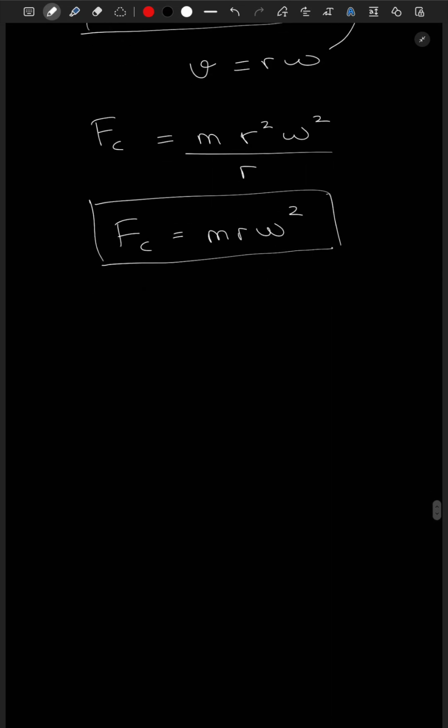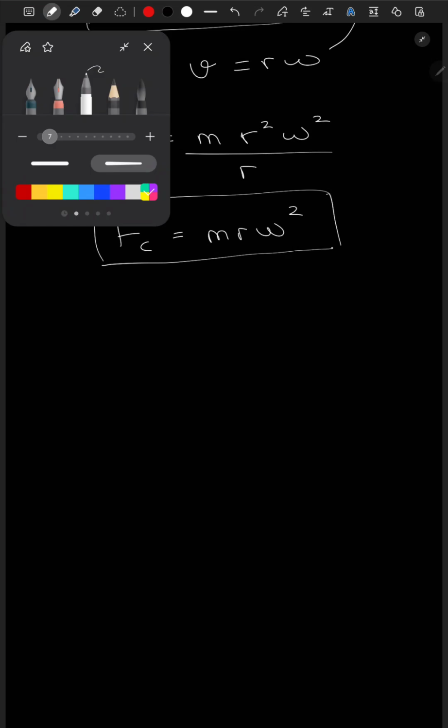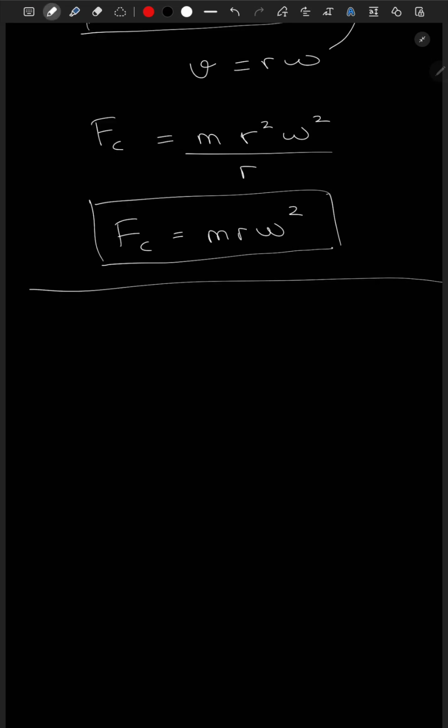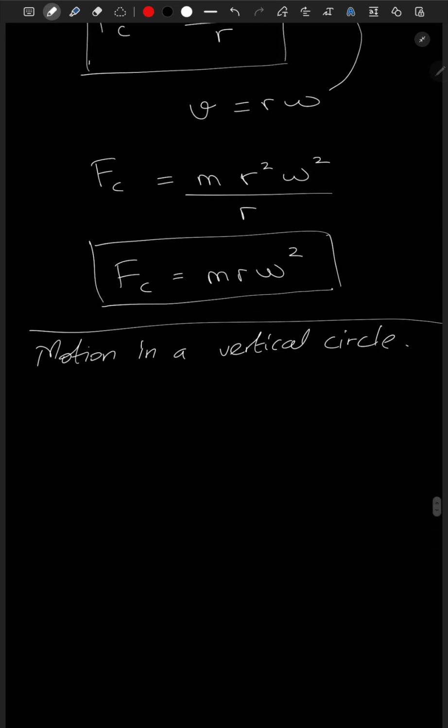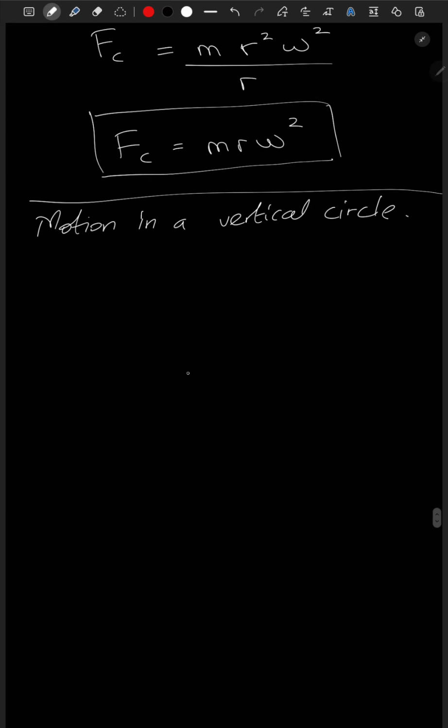So now let's see the motion in a vertical circle. Again, let's say this is the front view of a circular motion.